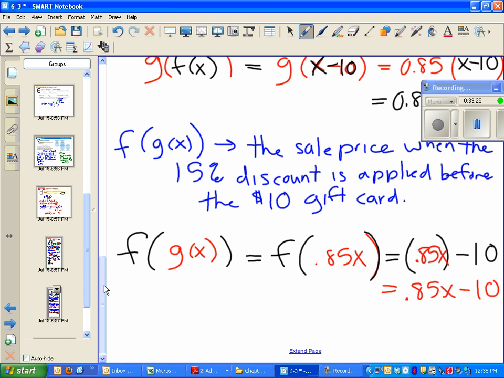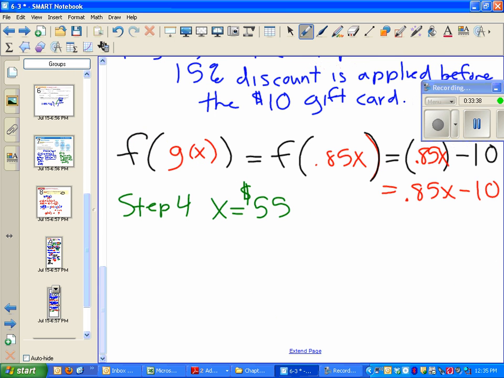The last step is to figure out how much we actually paid. So for step 4, the full price was $55. So g of f of 55. Again, they take the $10 gift card, they swipe that, and then they give you the percent off.